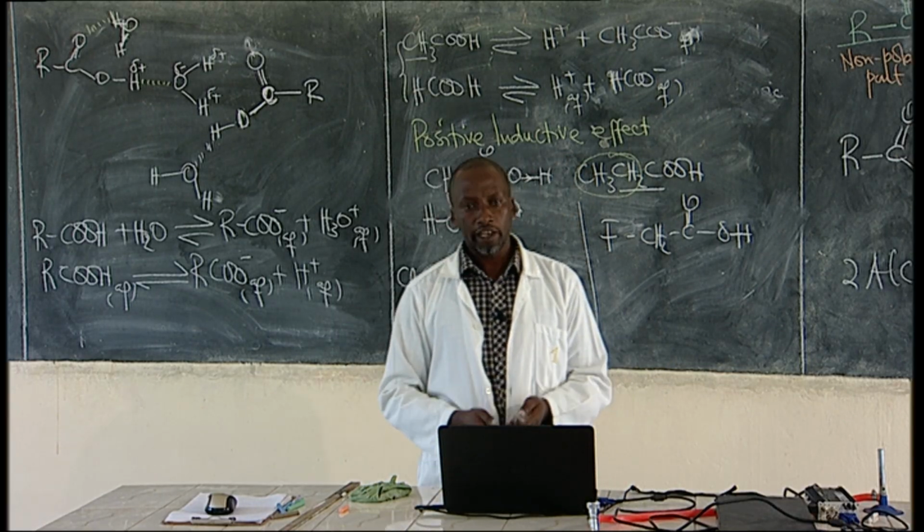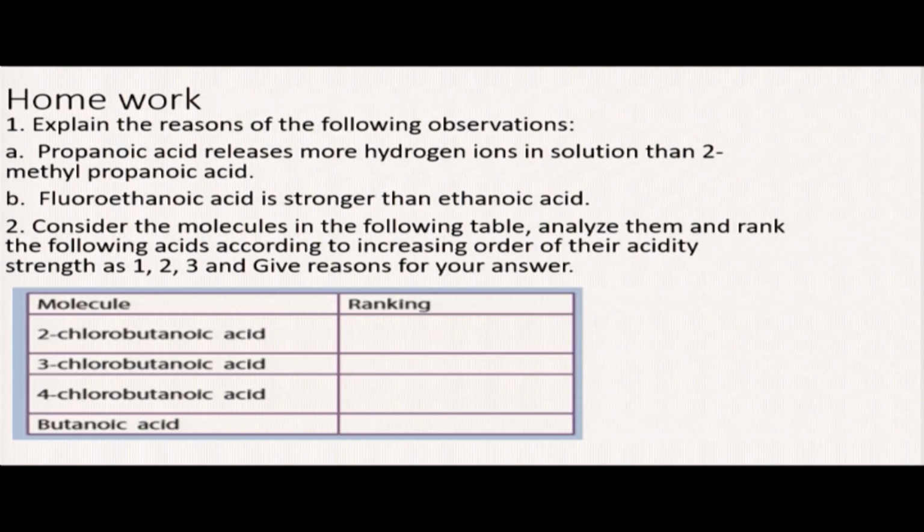So finally, as we come to the end, I would like to leave one simple exercise. Please capture the exercise, try it and see whether you are able to answer. Explain the reasons for the following observations.